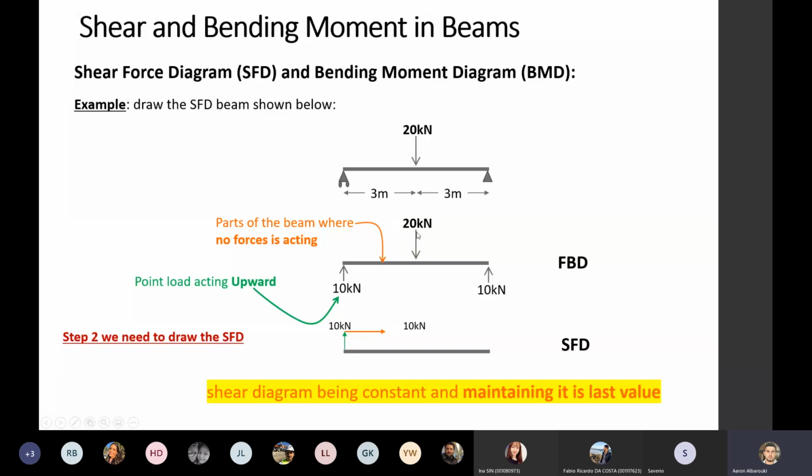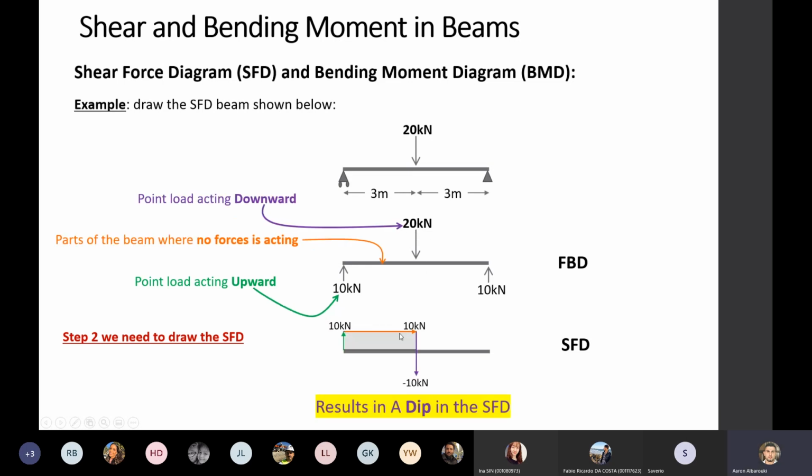This force will force the shear force diagram to go down by the magnitude of that force. So that will cause a dip of 20 kilonewton. From 10, take 20, that will be negative 10.